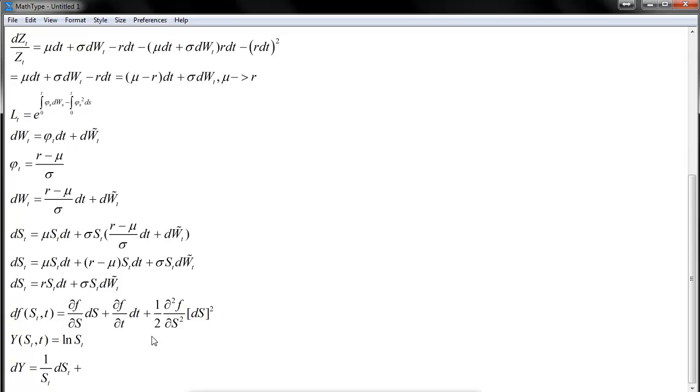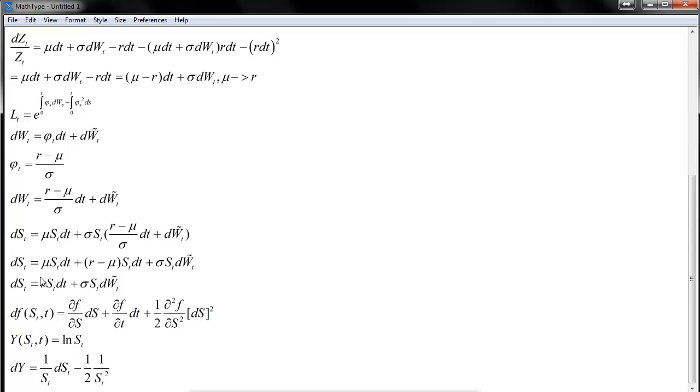There is no t term, we keep t constant, so nothing from that. But here you'll get 1/2 and the second derivative of the function, which is logarithm of s with respect to s, so that will basically give us minus 1 divided by s squared. Times the square of the differential.